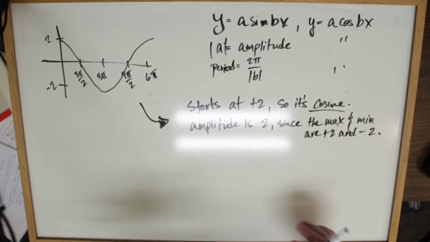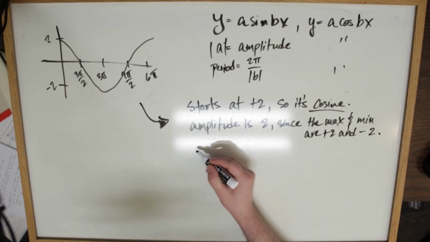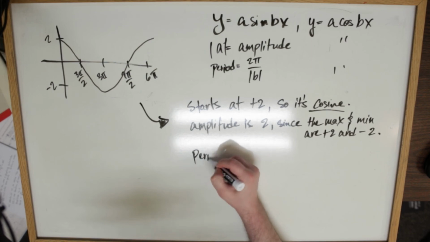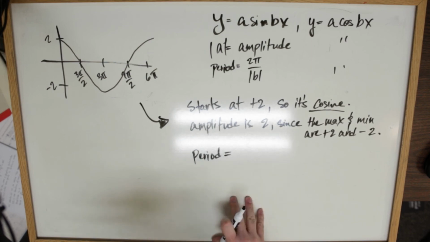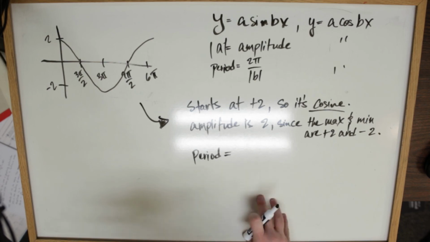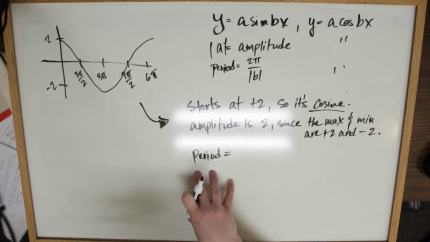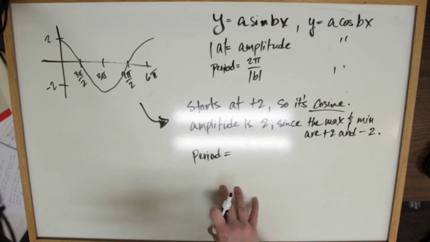How do you find the period? That is a good question. Now remember, previously we had to use the b value to find the period, but now we know what the period is, so we have to find the b value. It's kind of backwards.